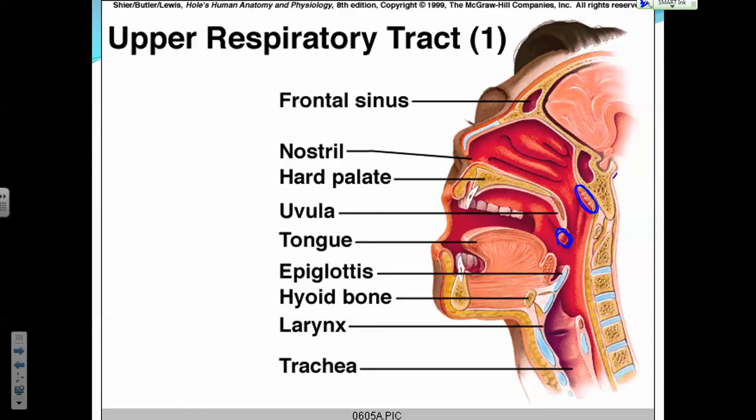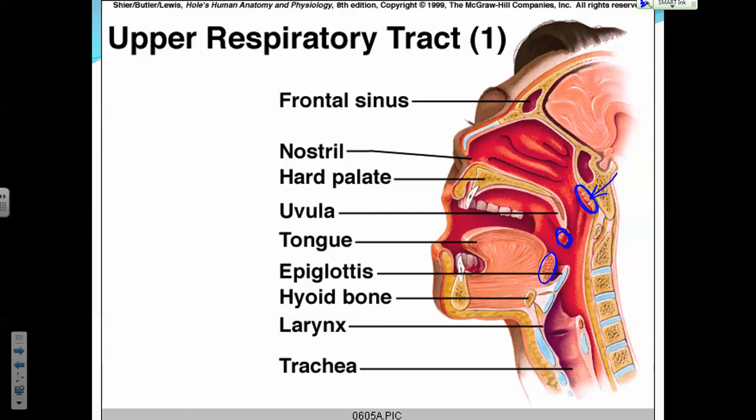The pharyngeal tonsils are called adenoids when they get inflamed. If they got infected and inflamed and enlarged, that could interfere with breathing, as could the palatine tonsils, and that could interfere with swallowing, couldn't it? And then the lingual tonsils are these. They're right there on the surface of the tongue.